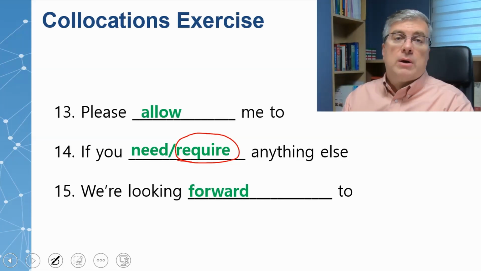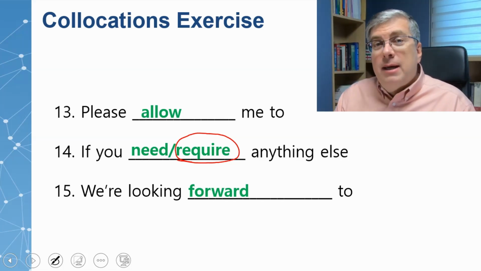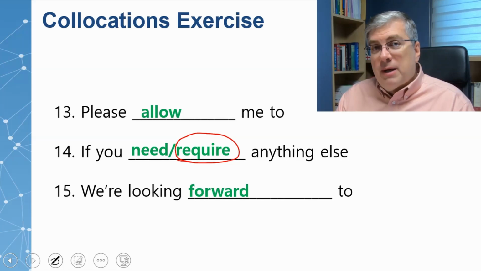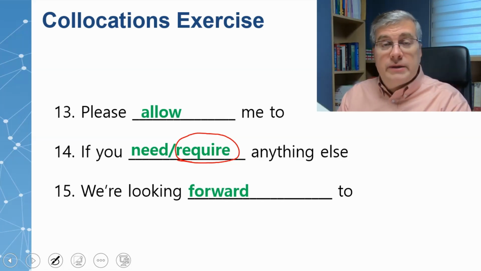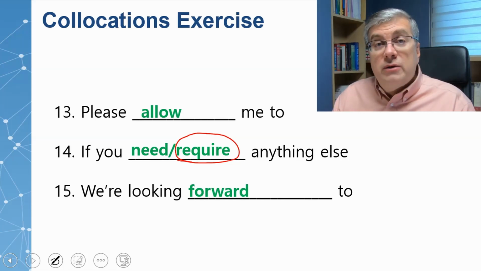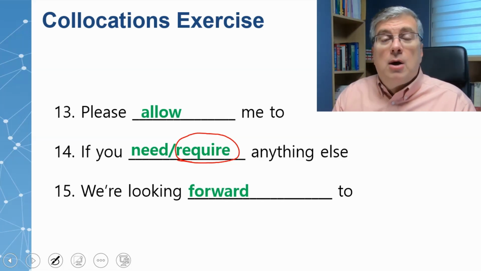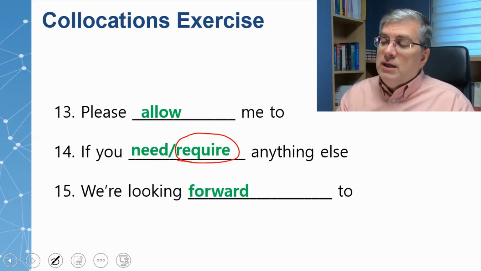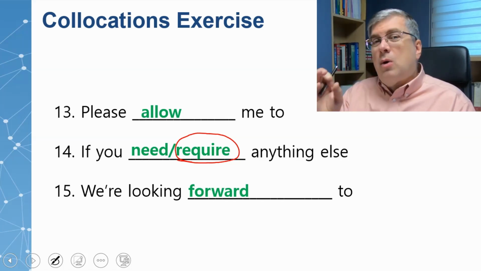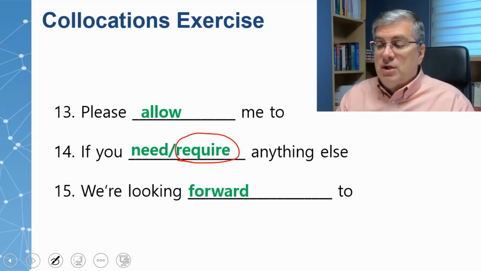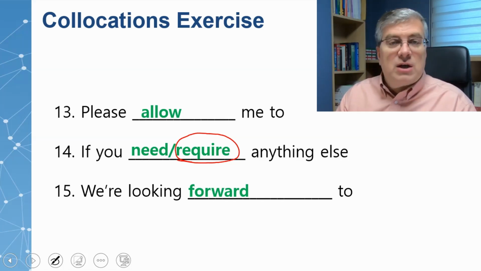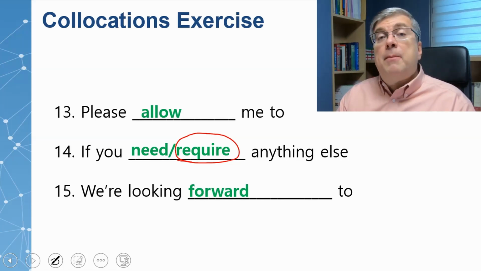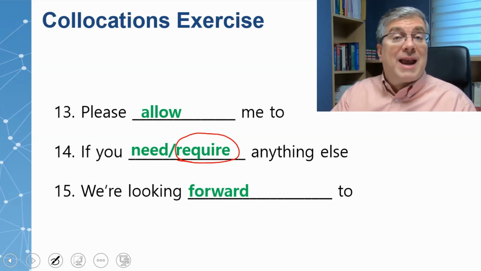We're looking forward to hearing about your company. Examples for event: we're looking forward to your presentation. We're looking forward to the symposium. So it's very common to use verb ing or event after this expression, and you're just expressing your enthusiasm about an upcoming event or action.